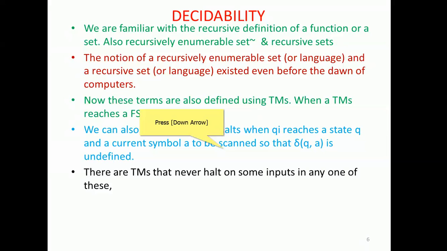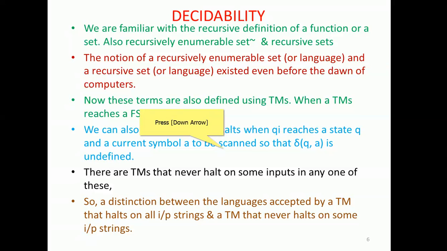So the clarity is between the language accepted by a Turing machine that halts on all input strings, and a Turing machine that never halts on some input strings. The clear idea is essentially here: a Turing machine halts on all inputs, but another Turing machine never halts on some inputs, right?